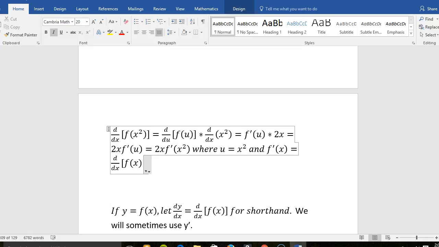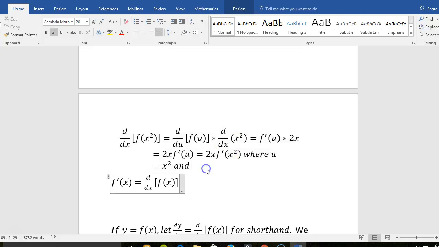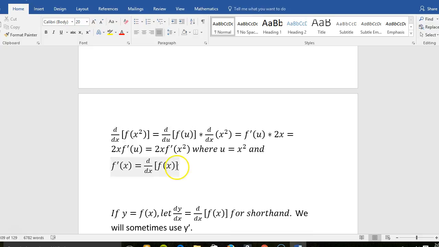It skipped a line on me again. I may just have to live with it. It's a pet peeve when it does that, but I guess I brought it on myself. Okay, there we go. And I just noted my u. Notice that I just noted what my u is and what my f prime is.